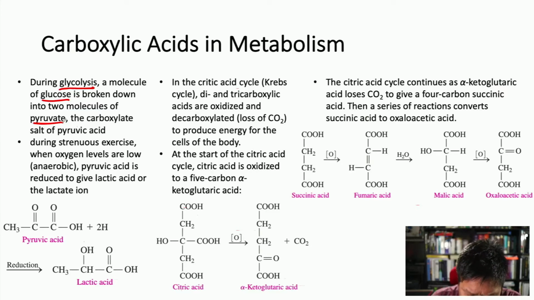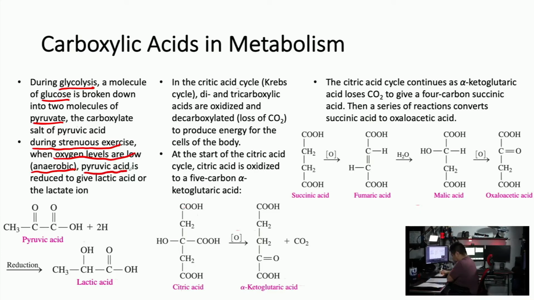But during times of strenuous exercise when oxygen levels are low, which is also known as anaerobic conditions, instead of going into pyruvate dehydrogenase and becoming acetyl-CoA, pyruvic acid or pyruvate is reduced to give lactic acid or the lactate ion, right?